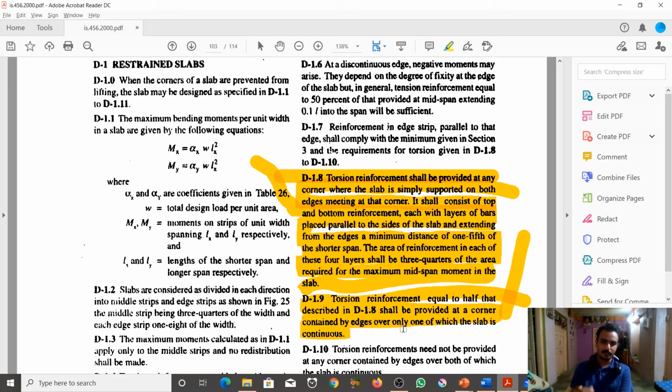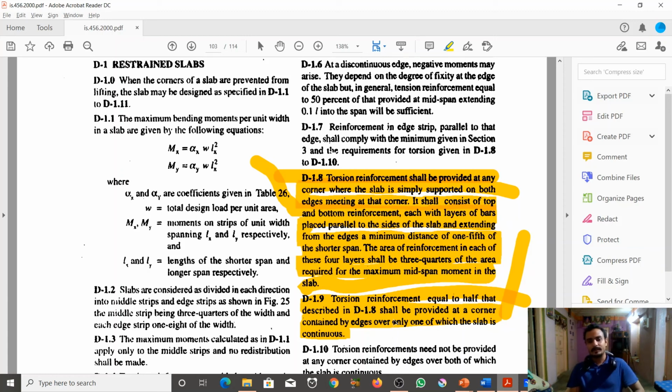Half of the described means D 1.8, which describes 3 by 4 of the area required for the middle span. Clause D 1.9 says torsion reinforcement equal to half that described in D 1.8.